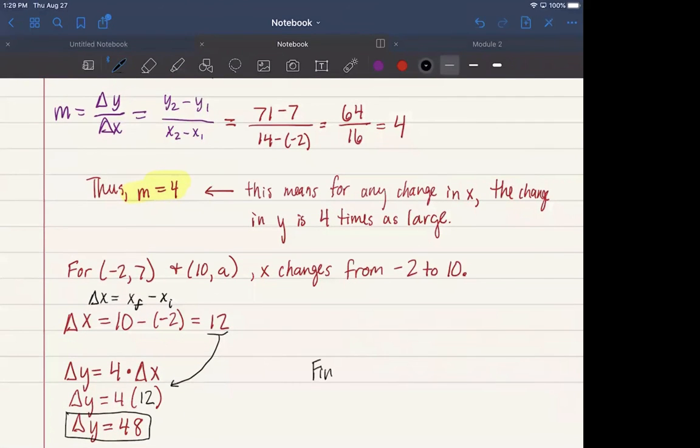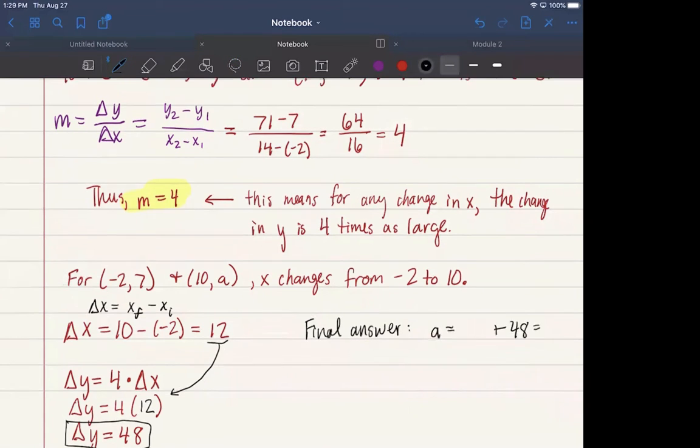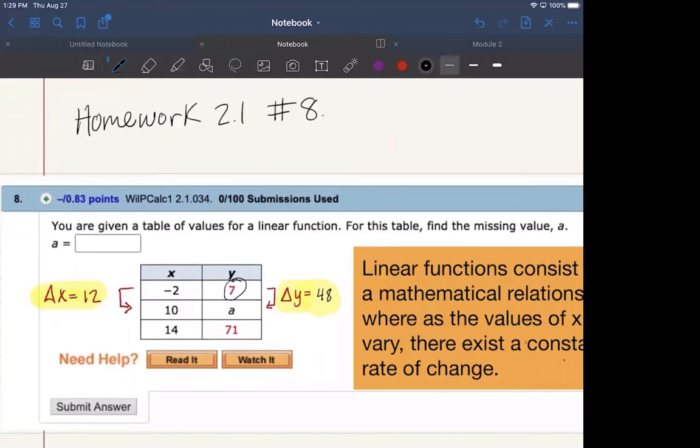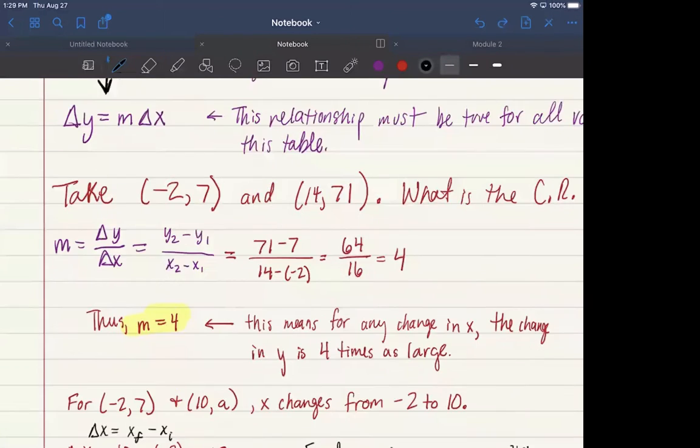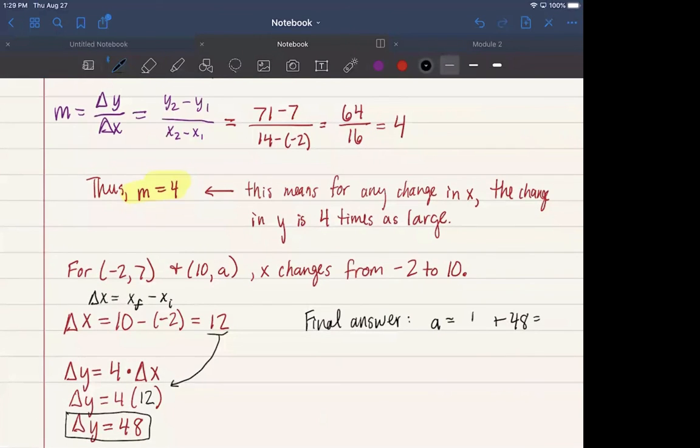So our final answer A is 48 plus what? And is 48 plus that 7. Which will get us 55.